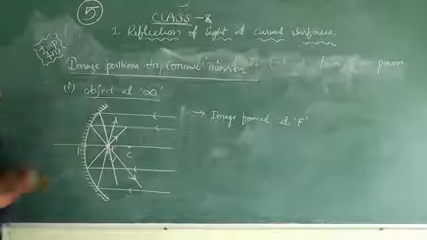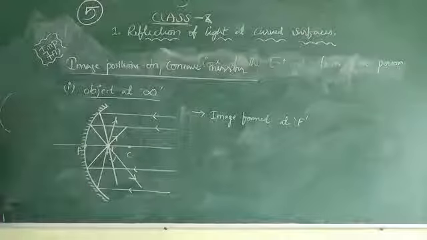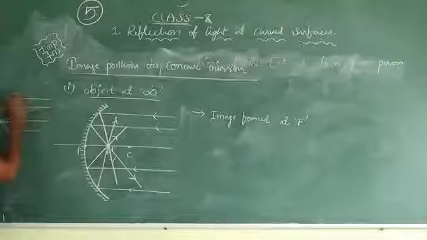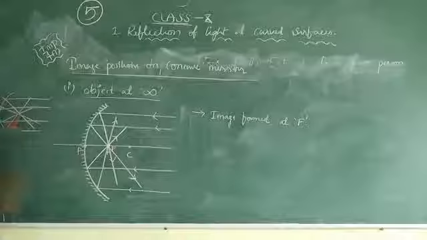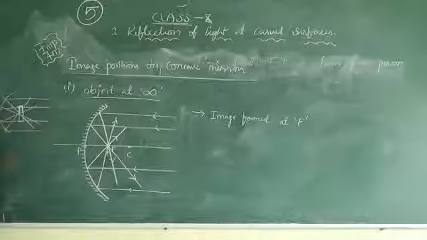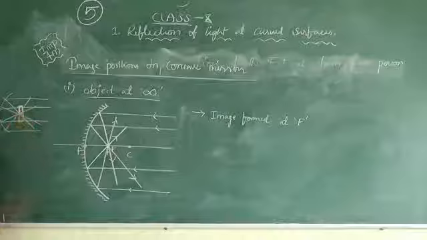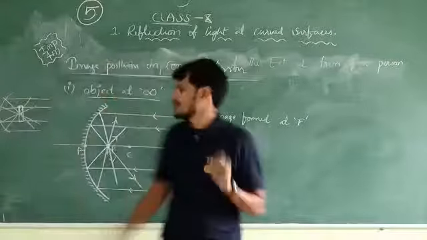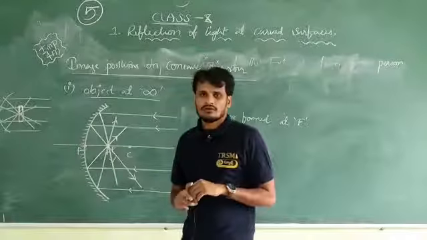Why? Because, for example, there is one concave mirror. If you place any screen, for example one white paper, at F, then the image should be captured, or formed, on that paper. Understand?